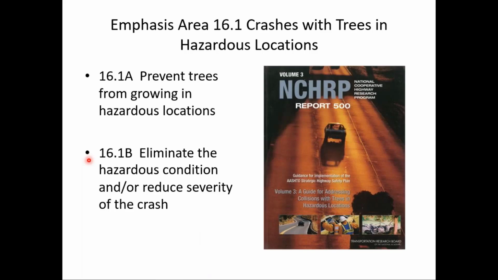Once a tree is grown, of course, it may be difficult to remove it. But if we can prevent them from growing in the first place in hazardous locations, that is often the best approach. Another strategy is to eliminate the hazardous condition if we can, and or reduce the severity of the crash.